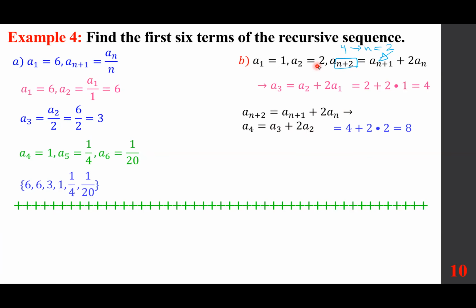Just to make sure we are in good shape. How would you write this for a sub 5? Anyone? What is a sub 5 equal to, according to this general form?